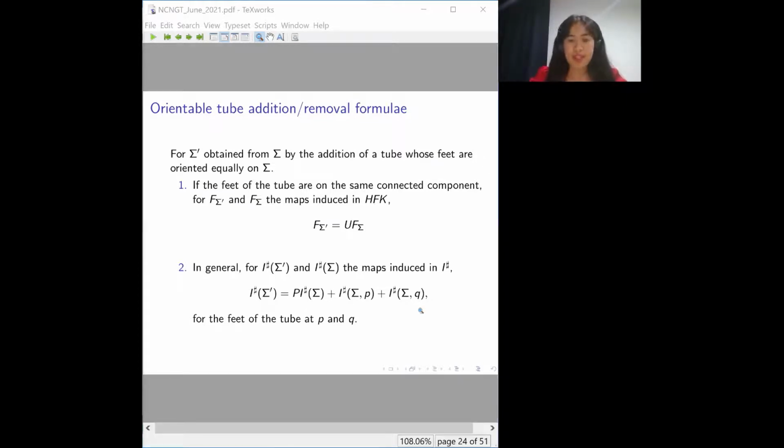In the instanton situation, we actually have maps induced by dotted cobordisms. Those are cobordisms with some extra marked points where these points are oriented.